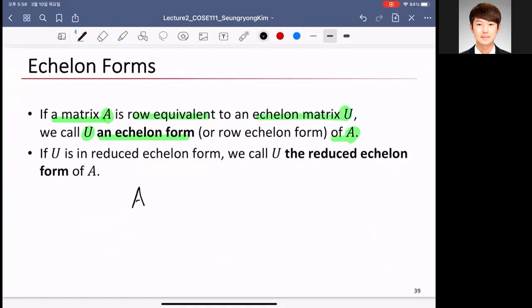So A is row reduced to the U, which is echelon form, and U is in the REF form, is in reduced echelon form. We call U is a reduced echelon form. Reduced echelon form. So this is definition of the echelon form and reduced echelon form.